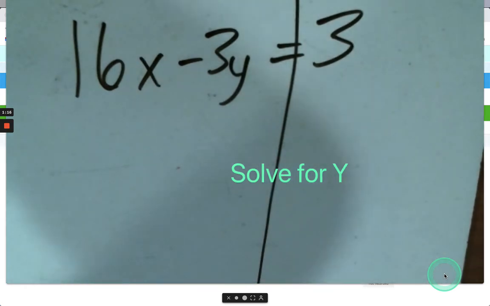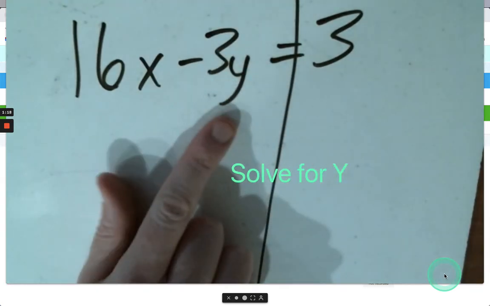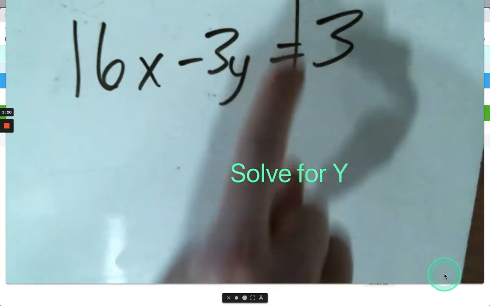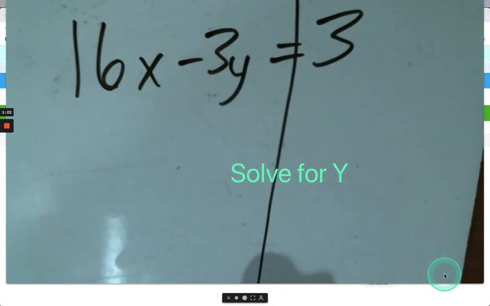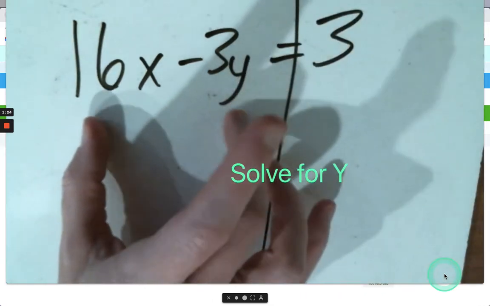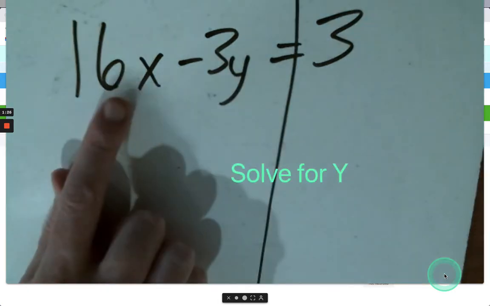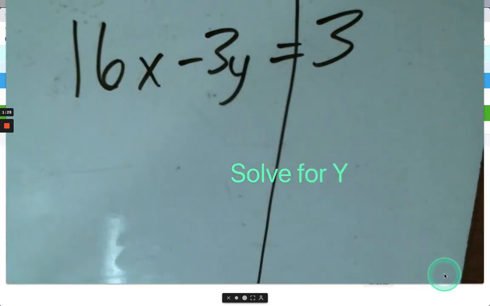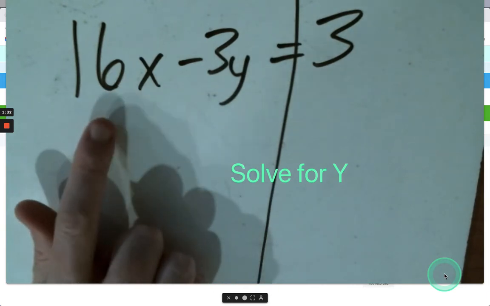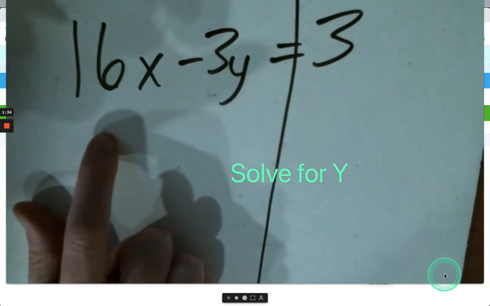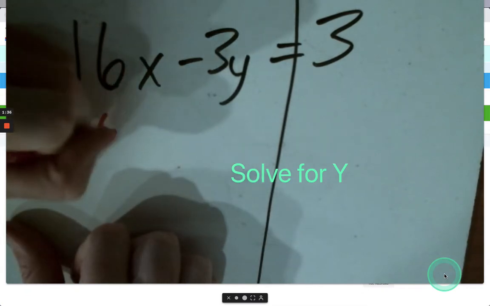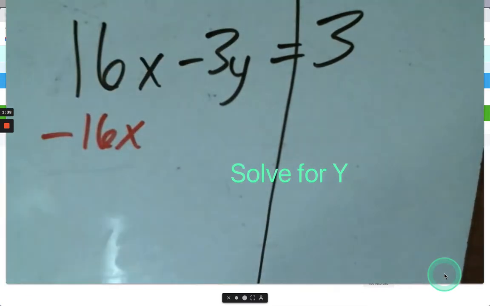If we want to isolate the y, the first thing we need to do, I drew this line through the equation, what I call the river, and that helps me focus on what is on the left side with the y. The first thing I want to get rid of is the 16x. That's a positive term, and the inverse operation that cancels it out is a subtraction.